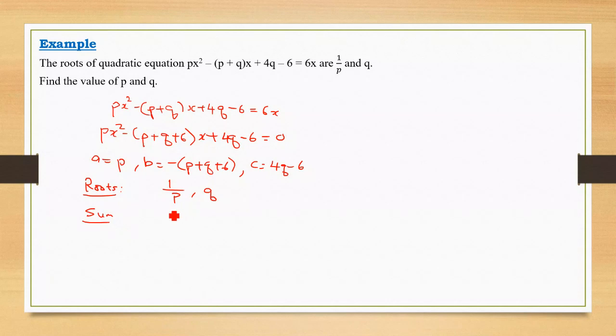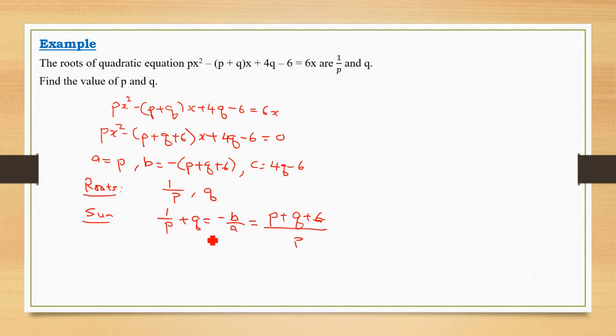So you want to find the sum. Add this up, so 1 over P plus Q must equal to negative b over a. Remember your formula? So negative b over a. When you simplify negative and negative, you're just left with this, because the negative and negative cancel off.